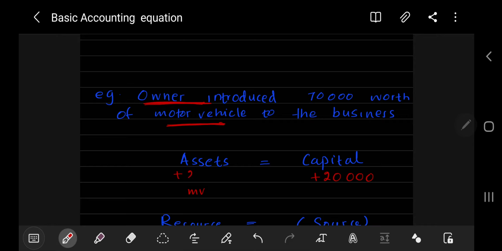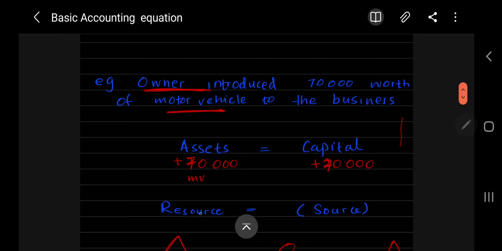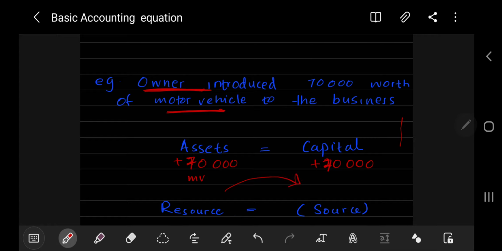A motor vehicle is also a resource. I'm sorry, I said the wrong amount earlier. He's investing 70,000 worth of motor vehicle in the business. So the resource of the business increased by 70,000, and that resource has been given to the business by the owner.